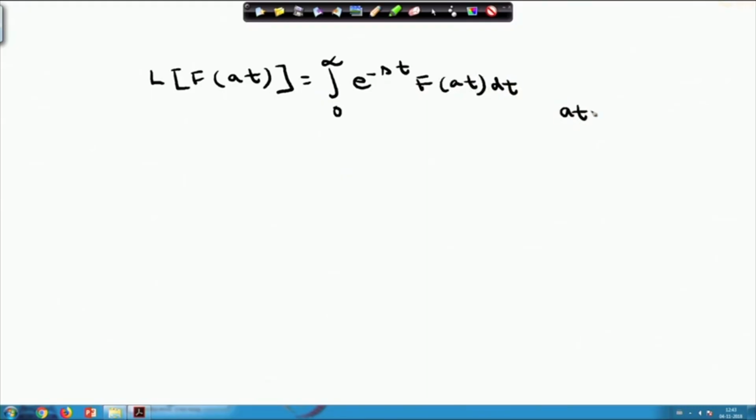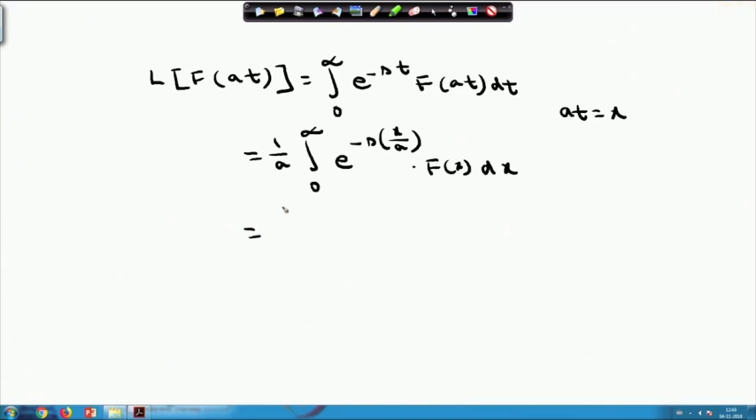Put here now a t equals x. Whenever I am putting a t equals x, then 1 by a, the limit will remain the same, 0 to infinity e power minus s into x by a, t is x by a, into f of x dx.